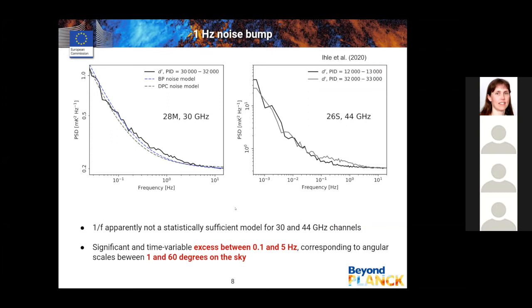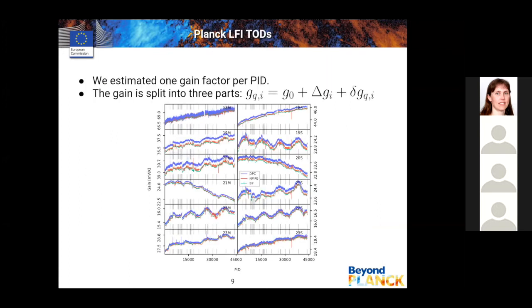The second thing we did at release, that I'm going to talk about, has to do with gain estimation. Basically, we estimate one gain factor per PID, and we estimate those by splitting them into three parts and estimating each part independently. So we have a global gain factor here, which is independent of PID and independent of detectors.